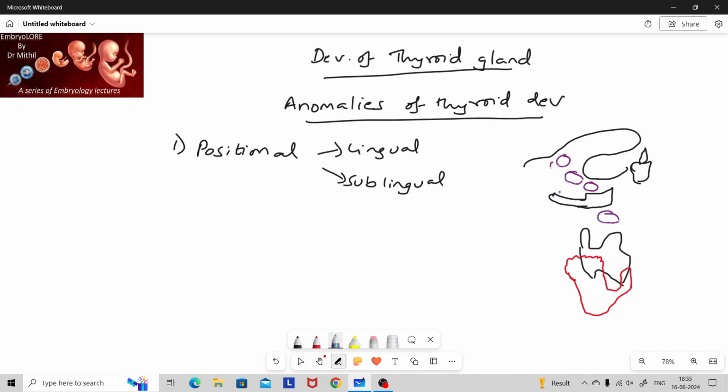Okay, so now we will be numbering them so that we can write and understand. So 1, 2 and 3 are the lingual, infralingual and suprahyoid.